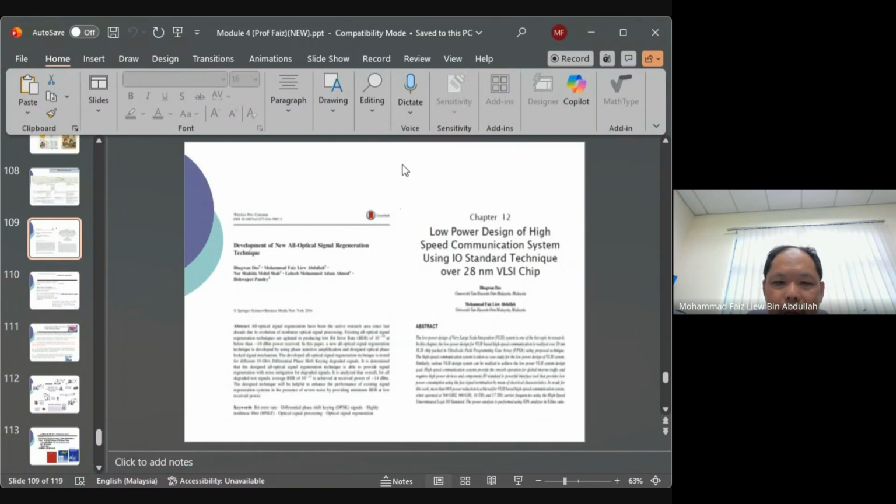When you do a PhD, you have to publish. These are some examples of Dr. Bagan's work. He wrote book chapters and then published in journals.